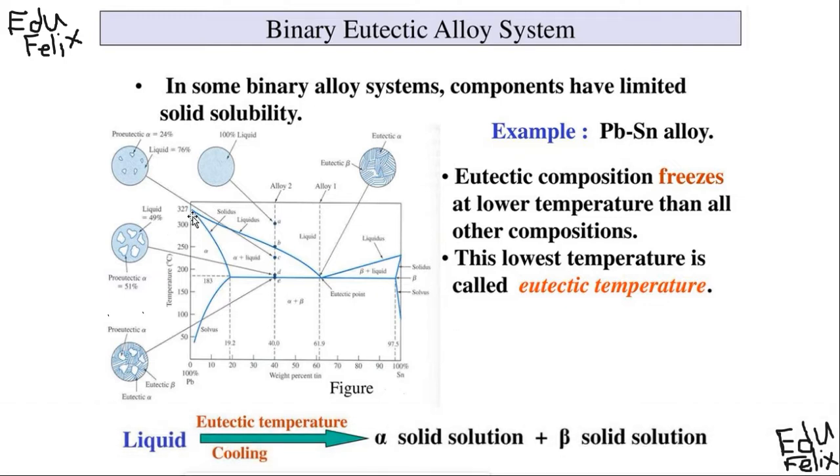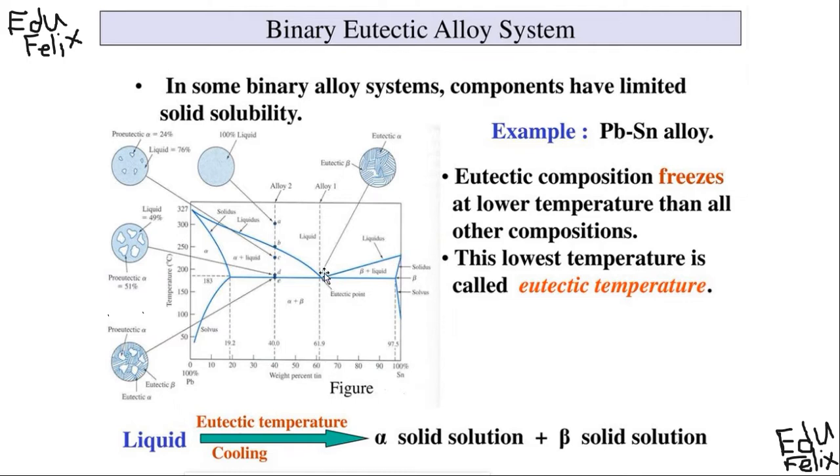But what happens if you have a eutectic system? That means limited solid solubility. That means they are not totally soluble in each other. So here it just goes from here to here, not a single line. It just drops somewhere, and it faces something different from these two.